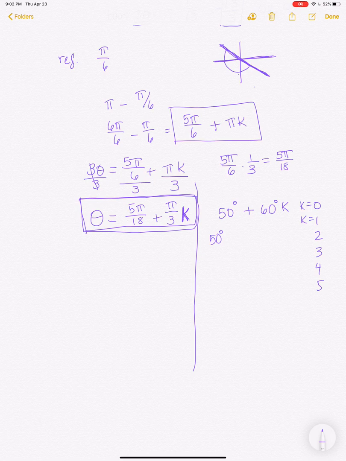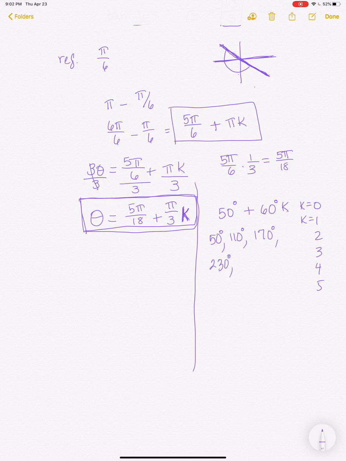If I plug in 1 for k, I get 50 degrees plus 60 degrees, which is 110 degrees. If I plug in 2 for k, I get 120 degrees plus 50, which is 170 degrees. If I plug in 3 for k, I get 180 plus 50, which is 230 degrees.